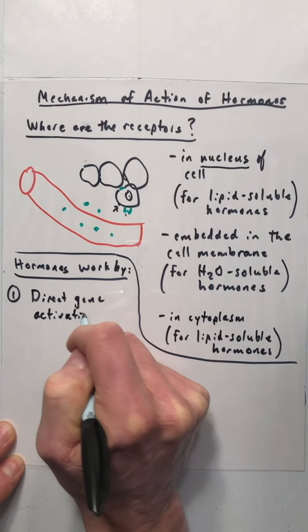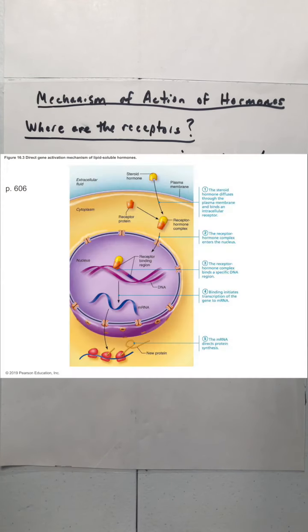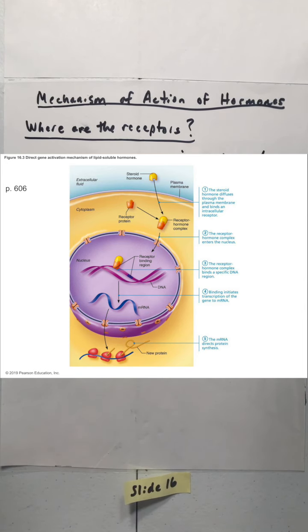If you want to see this in action, check out slide number 16 in your PowerPoint. It's an enlarged view of a cell in a target tissue, so it's a target cell. As you can see, there's a nucleus in purple. The cytoplasm is in a yellowish color, and the extracellular fluid, the interstitial space, is in blue. If you look at the top diagram, you see a hormone.